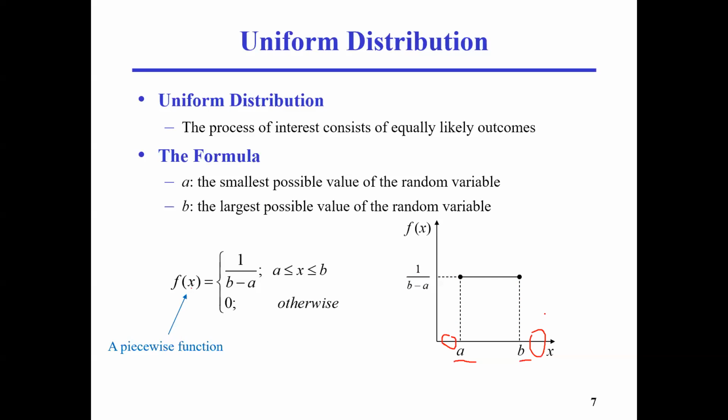That's why there is no curve you can see here, but the curve is there. The curve overlaps the horizontal axis because the value is 0. So this is the PDF formula for the uniform distribution.